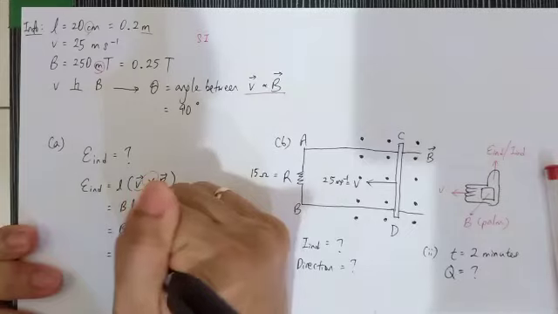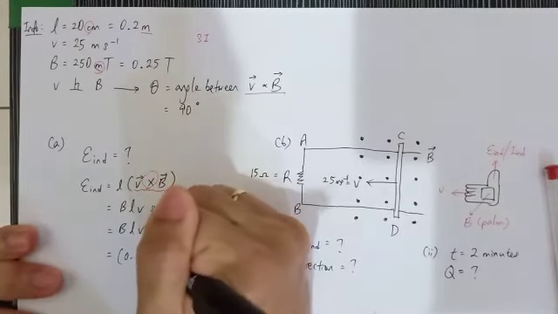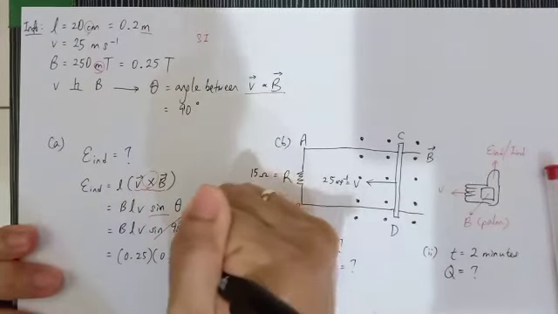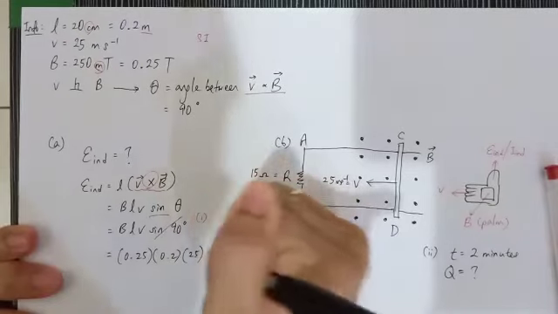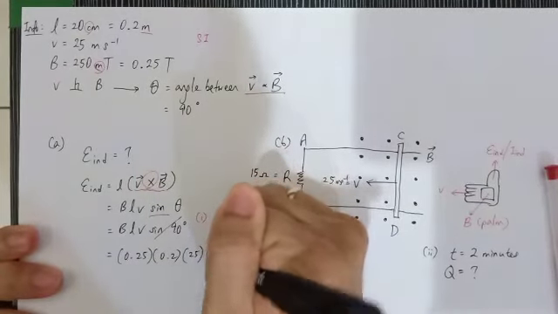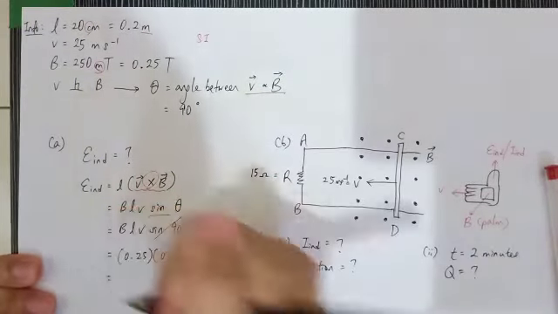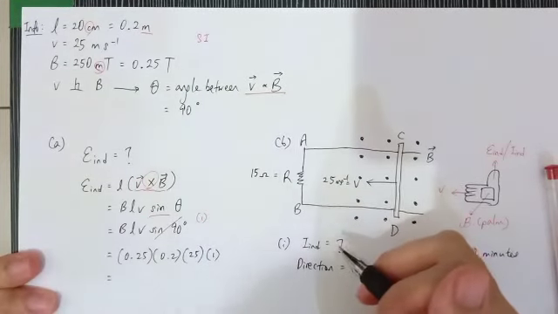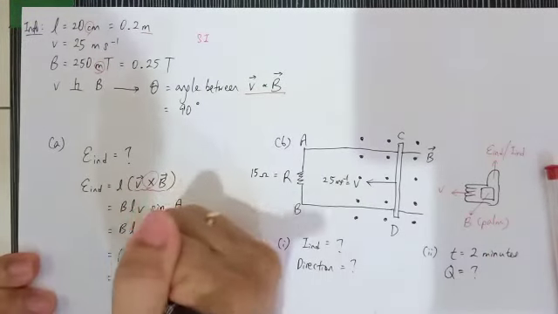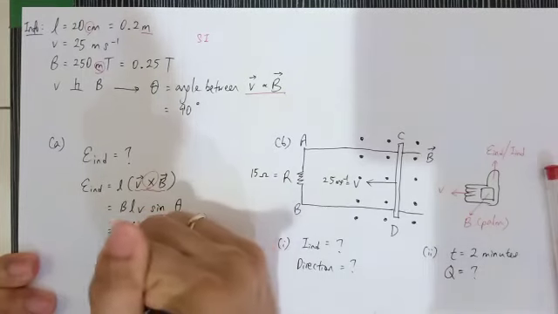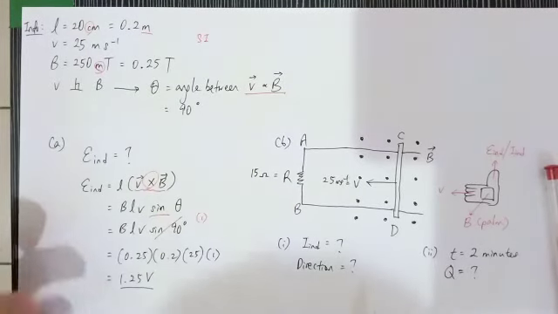Magnetic field is 0.25, length is 0.2, velocity 25, and sine 90 equals 1. So finally we get 1.25 volts. This is the induced EMF in the straight conductor.